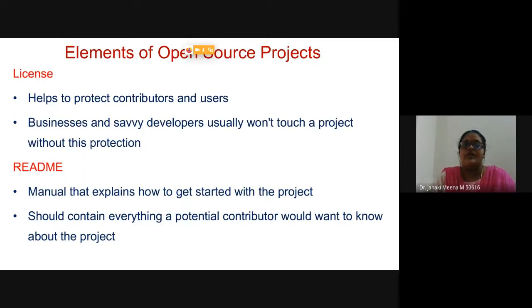And when you see the elements of the open source projects, license is a very important thing because it's going to protect the contributors and the users. This license will be basically telling how we can use the particular open source code. We will be seeing this in detail. There will be a license which is telling that you should only link it, right?